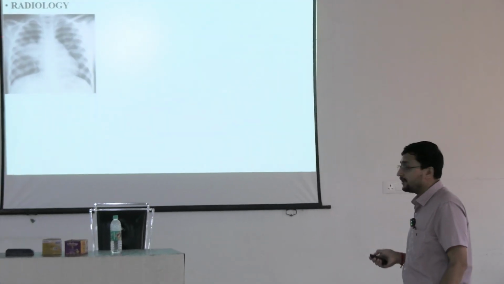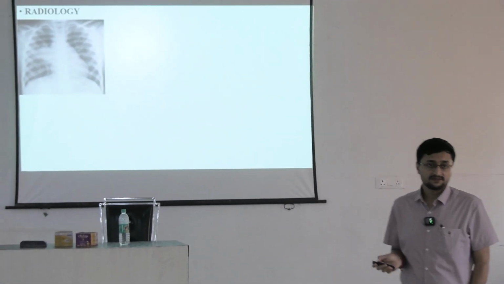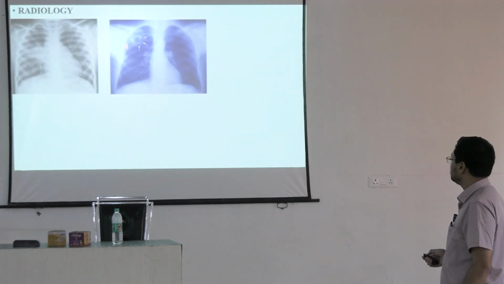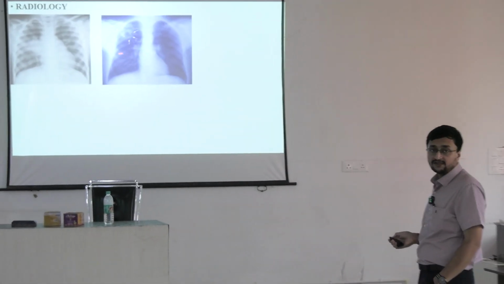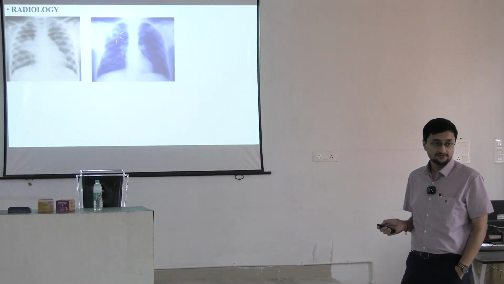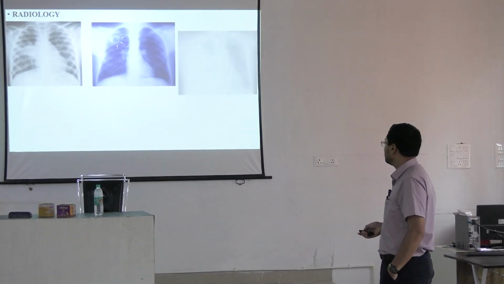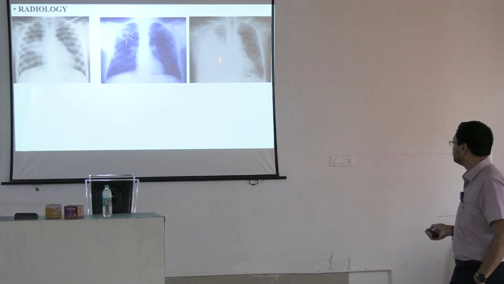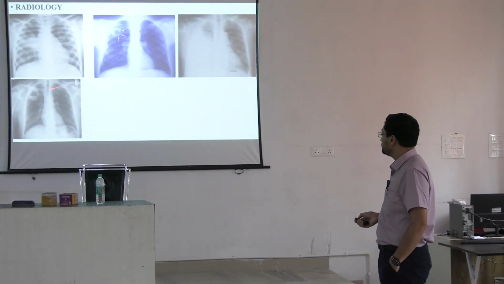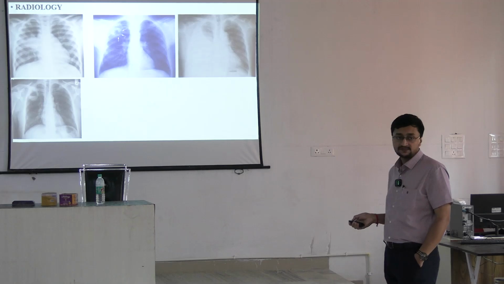This is primary tuberculosis, Ghon's complex, enlarged hilar lymph node. This is cavitary tuberculosis, secondary tuberculosis, upper lobe and cavity. And this is pleural effusion.